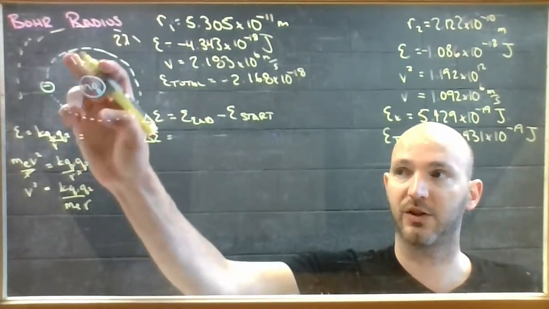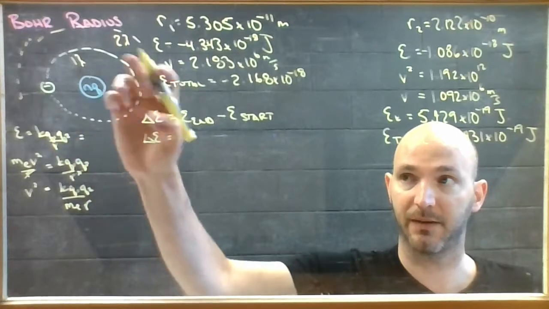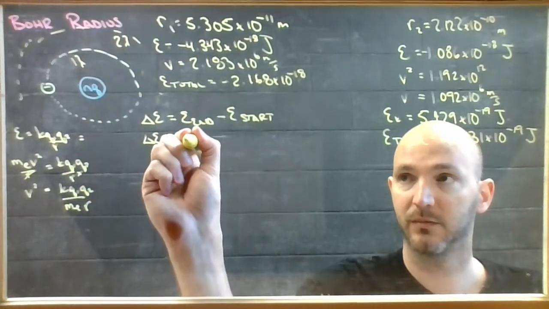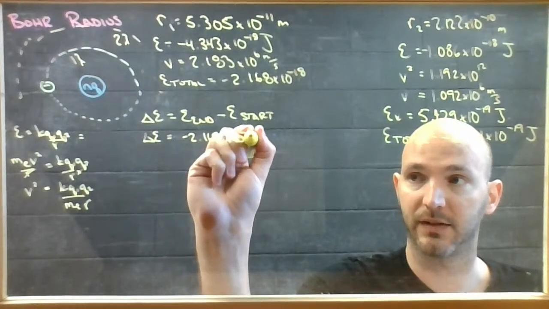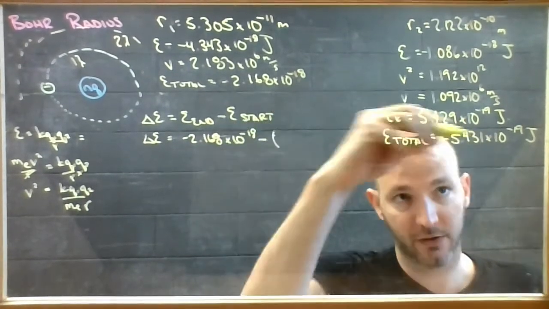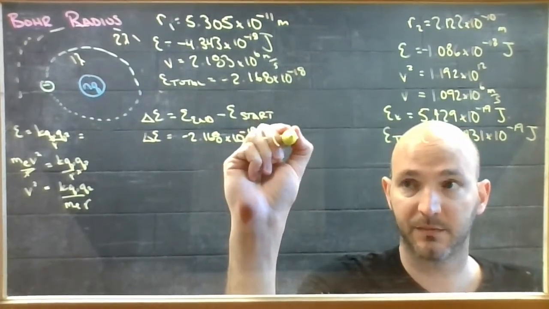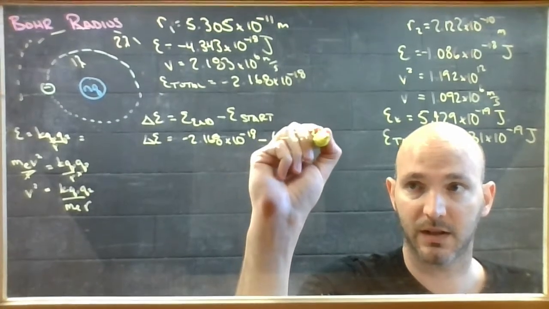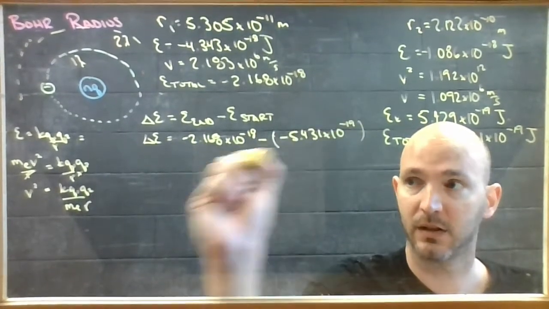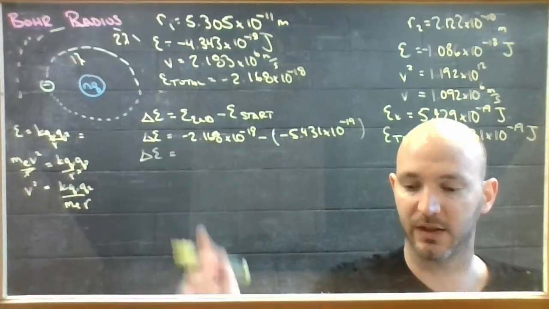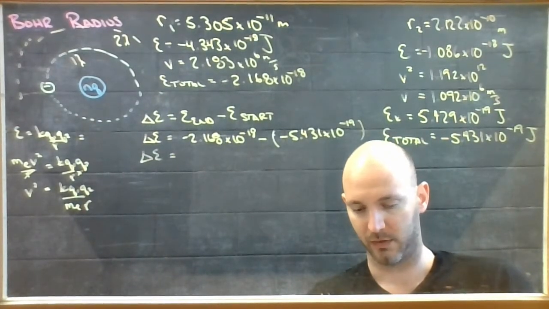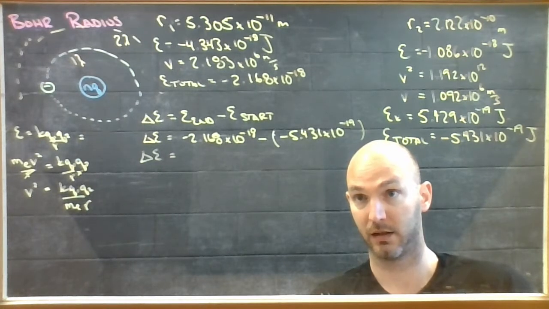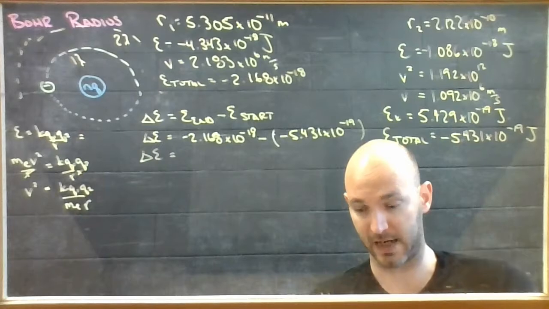So if the energy at the end is the energy on this path, that would be this number, 10 to the negative 18. And the energy at the start would be this one, 1 times 10 to the negative 19. So my change in energy would be this thing. Subtract negative, it's like adding.